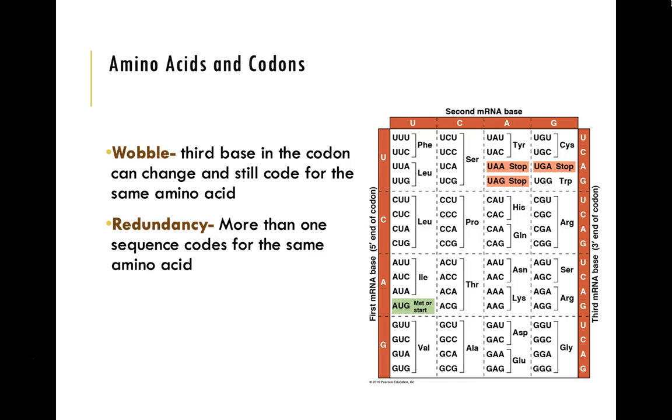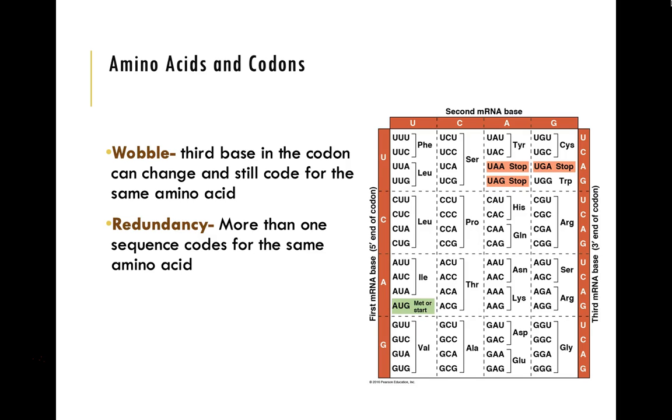The third base does something called wobble, and the third base can change without changing the amino acid, or at least it doesn't change it in all cases. This is to allow for some room for mutations to occur without actually affecting the amino acid.